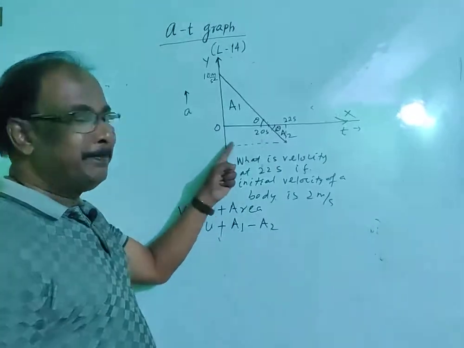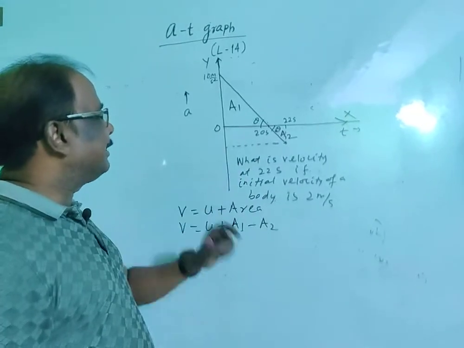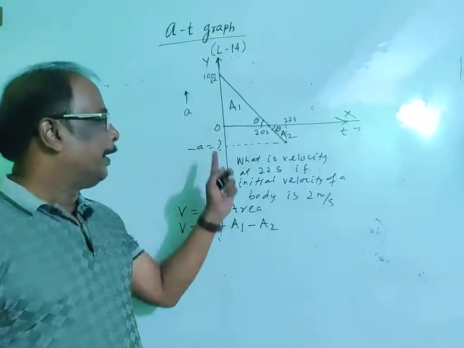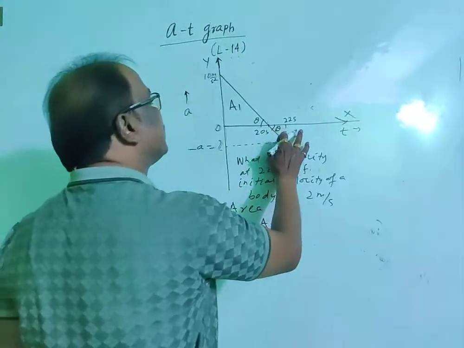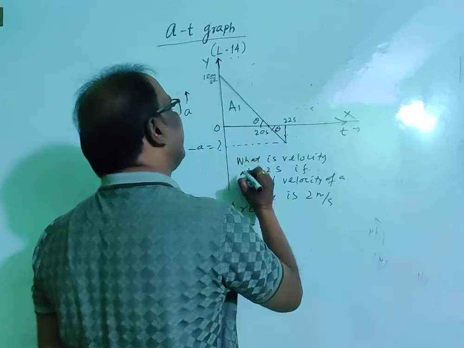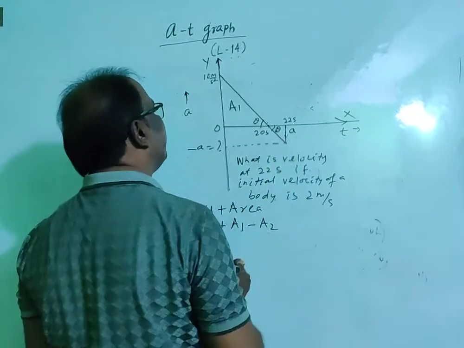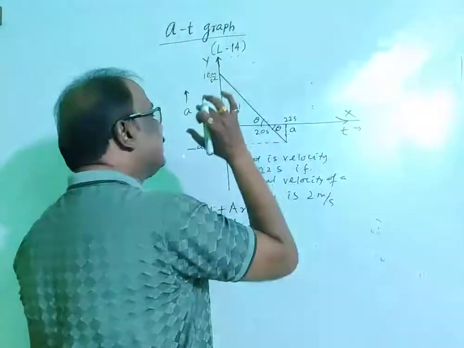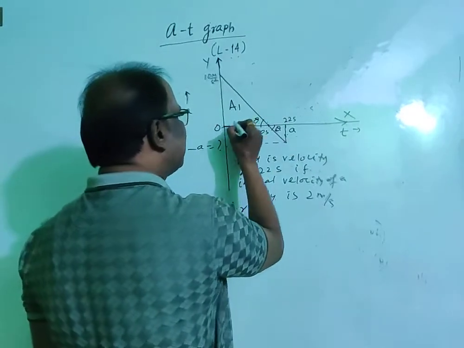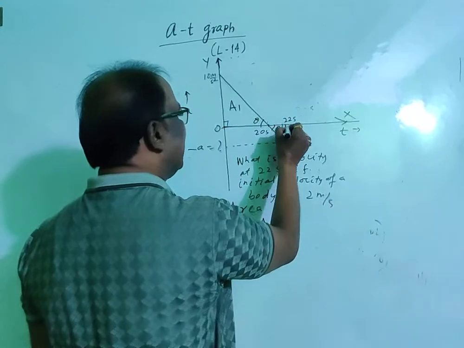This acceleration is negative. But what is this value? We don't know. You just see. This value is A. On this side, this value is A. Then theta is the same. This angle is 90, this angle is 90.